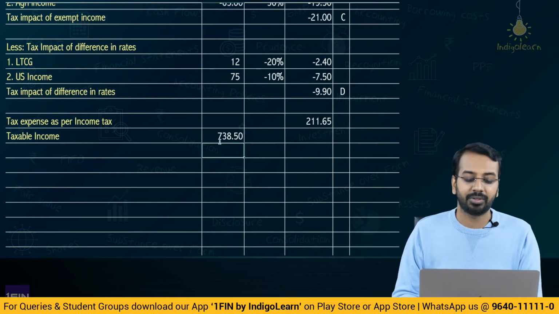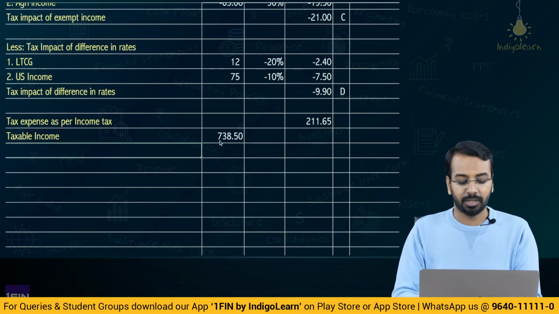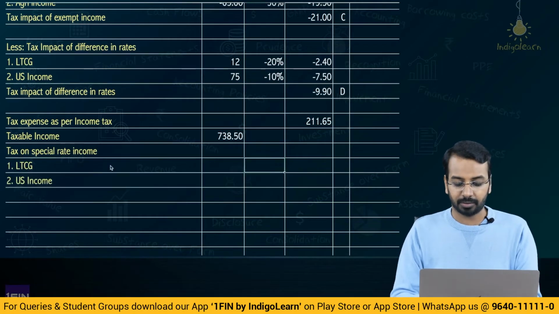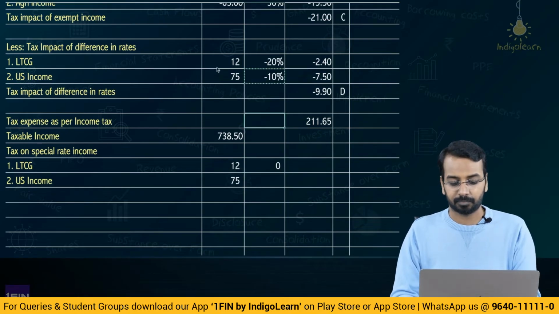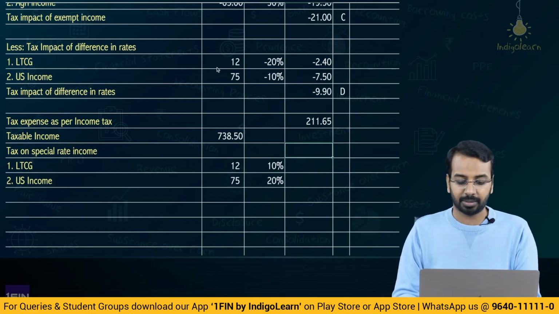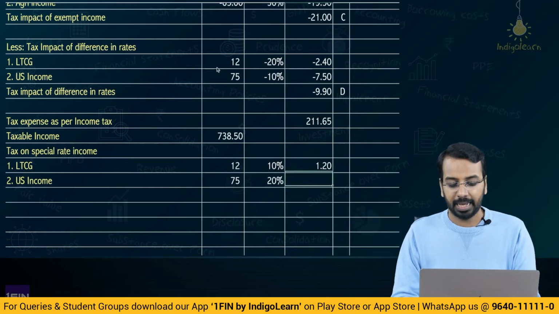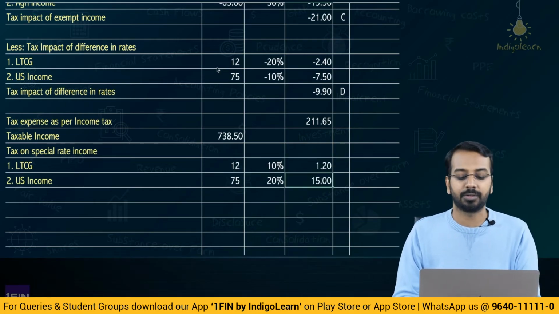So your taxable income is 738.5. Now on this, tax on special rates income, one is LTCG and US income, 12 and 75, tax rate is 10% and 20%. So the tax amount is 12 into 10%, 1.2, and 75 into 20%, 15.